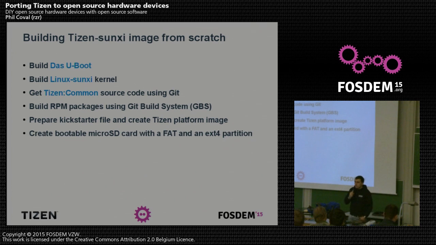With a powerful enough computer, you can cross-compile it in approximately 4 to 6 hours. Then, once you have all the RPMs, you have to prepare a Kickstart file and create an image. The final step is to prepare a bootable micro SD card with a FAT partition where you should place the Linux Sunxi kernel, and an ext4 partition for the Tizen stuff.